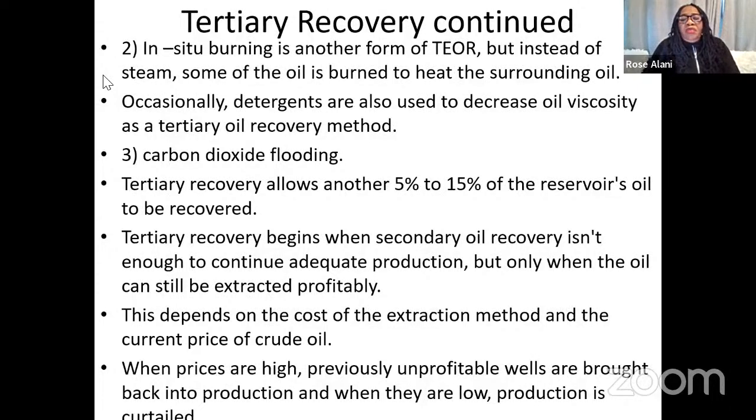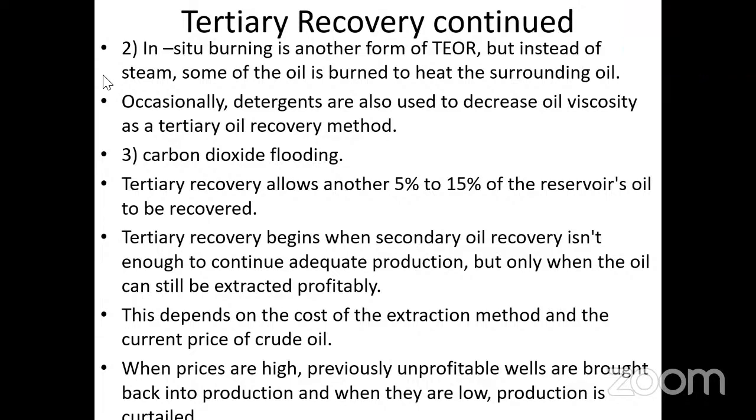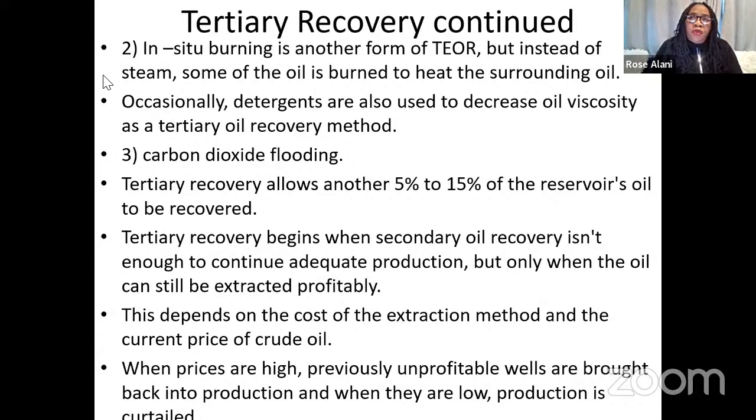So beginning from secondary oil recovery, when the secondary oil recovery is not enough to continue adequate production, then you have to proceed to the tertiary recovery method. Using this tertiary recovery method also depends on the cost of the extraction method, and it also depends on the price of crude oil.